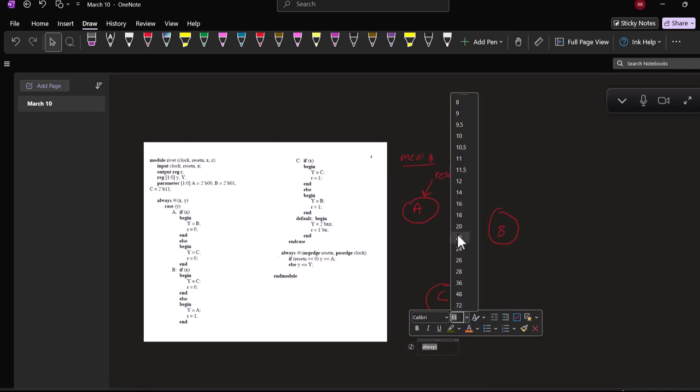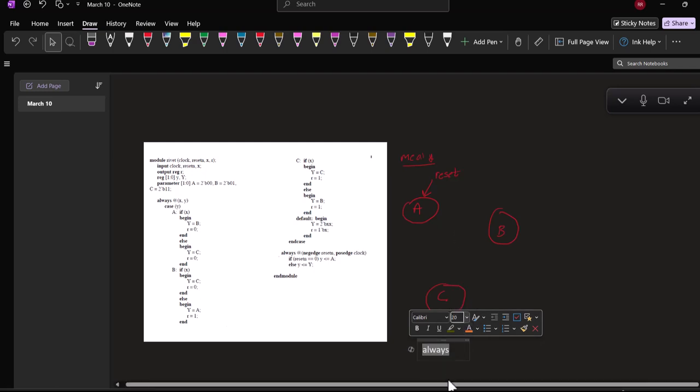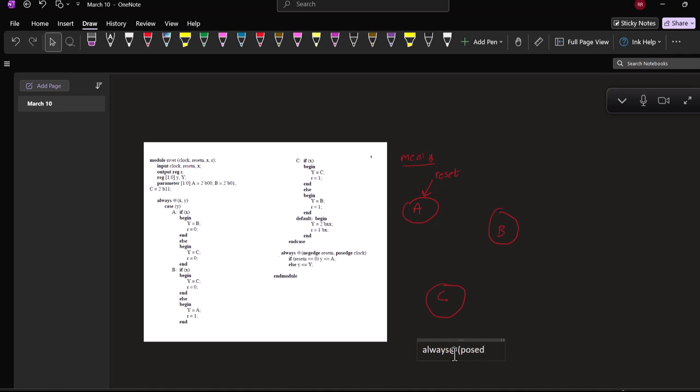So the second always block is going to almost always have something along the lines of always at, and it doesn't really matter if you do positive edge clock or negative edge clock.